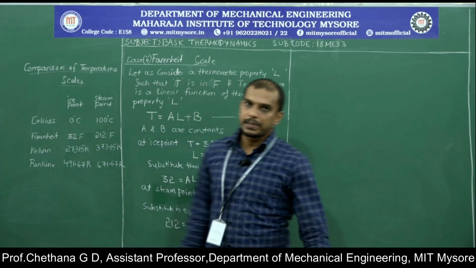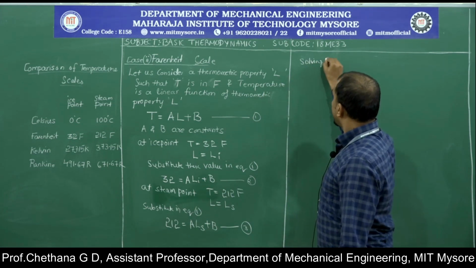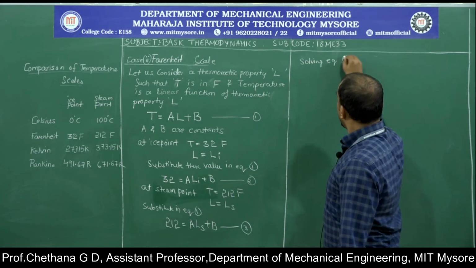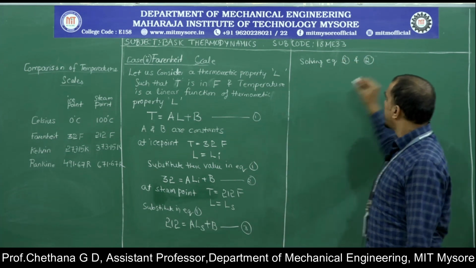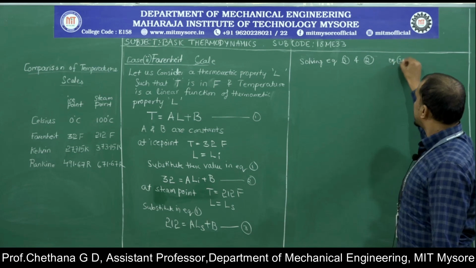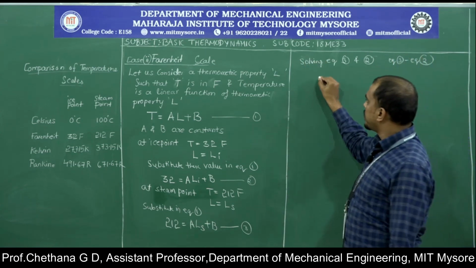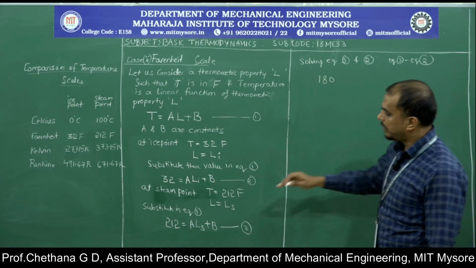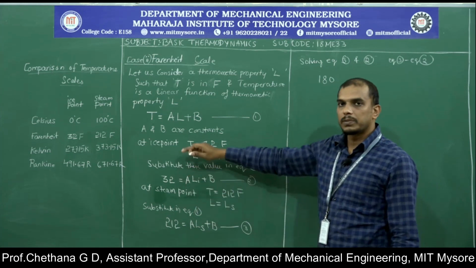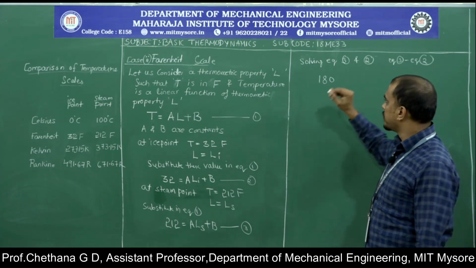Now solve equations 3 and 2, that is, equation 3 minus equation 2. 212 minus 32 is 180. We know the number of divisions between ice point and steam point in the Fahrenheit scale is 180 divisions.